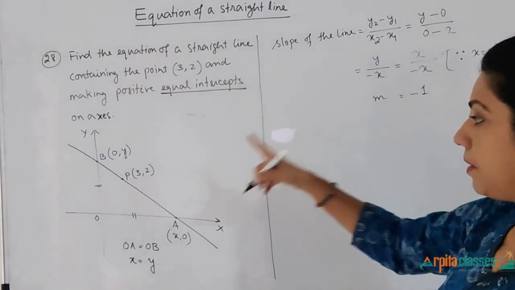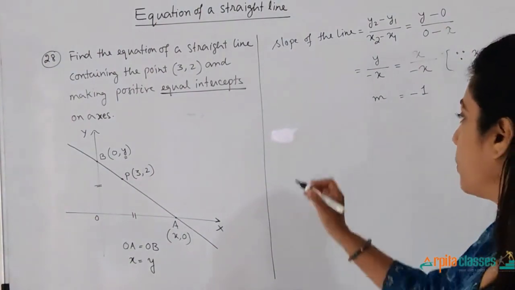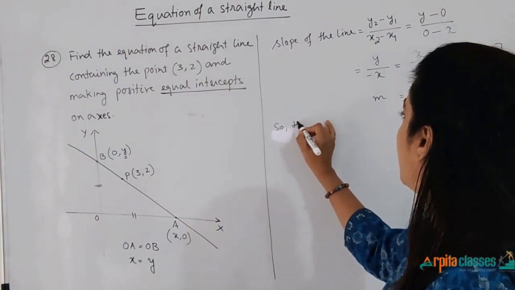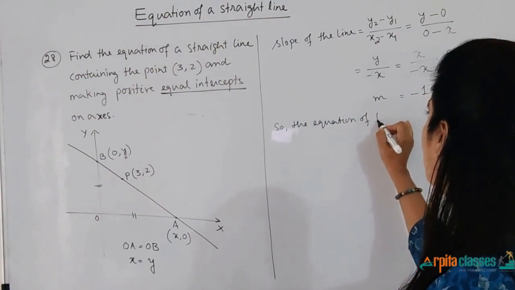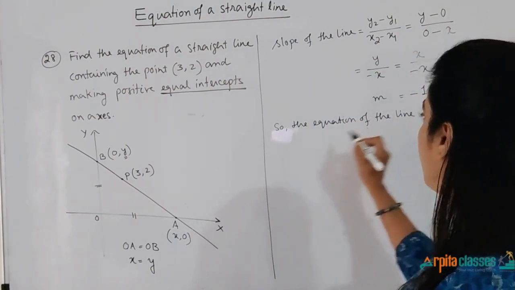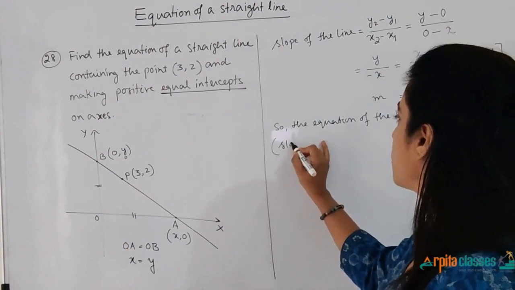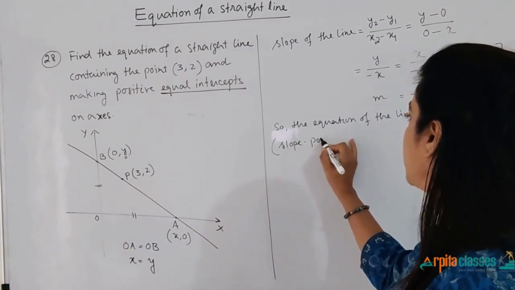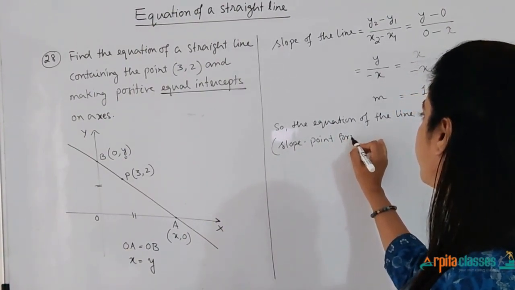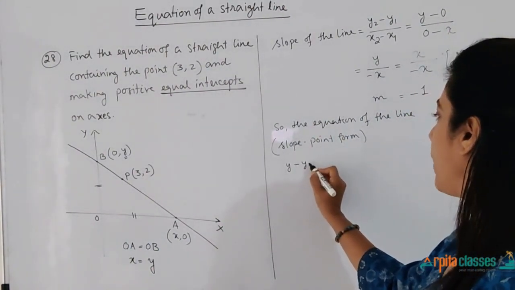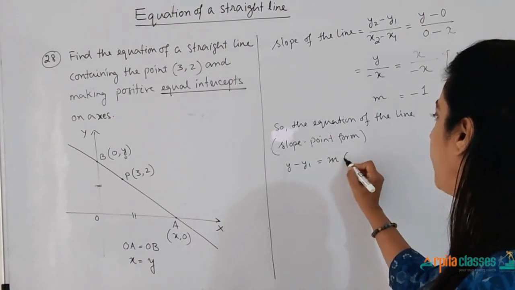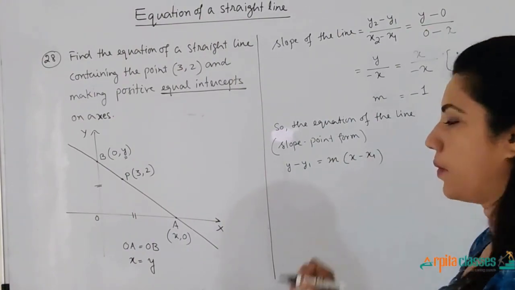At the same time, the line passes through (3, 2). So for the equation of the line, let us write down the form we are using, the slope point form: y minus y1 is equal to m whole into x minus x1.